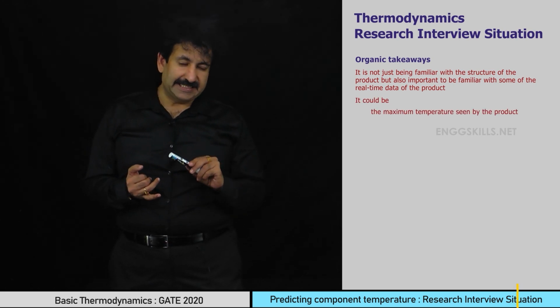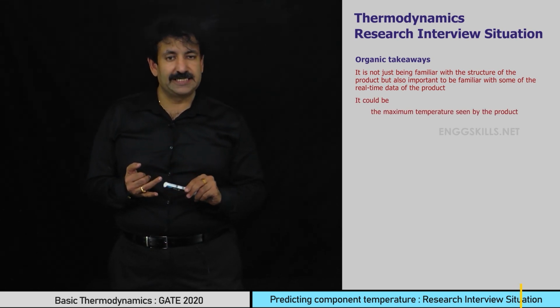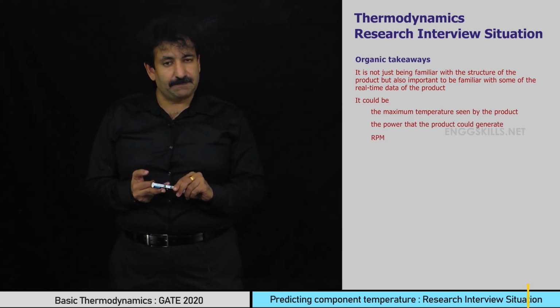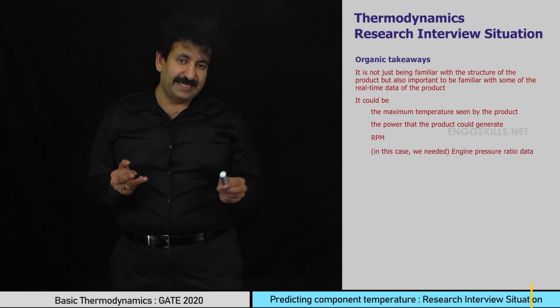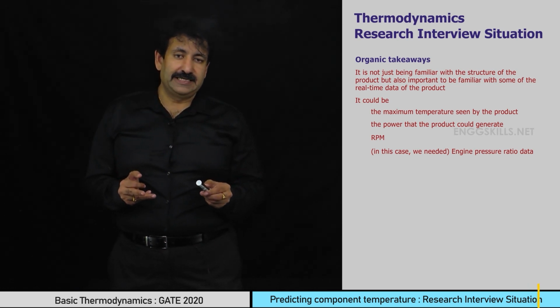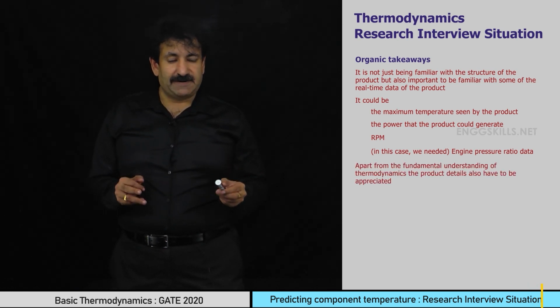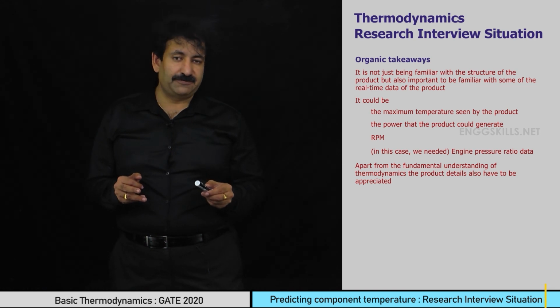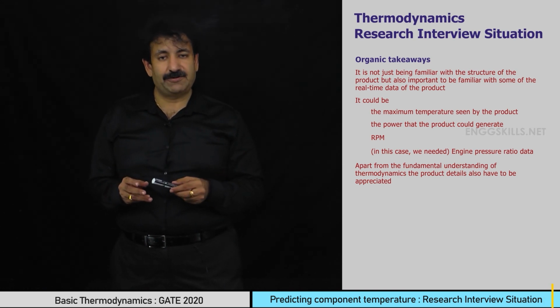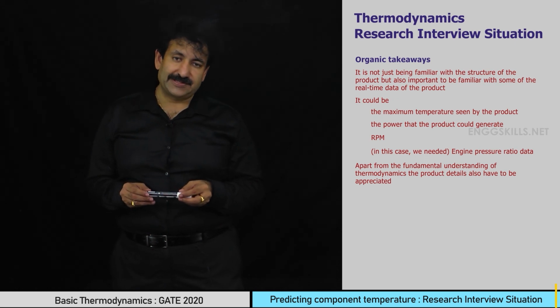It could be the maximum temperature seen by the product. It could be the power that the product could generate. It could be the RPM. In this case, we needed the engine pressure ratio data. So therefore, it is very, very important, apart from the fundamental understanding of the thermodynamics, that the product details also have to be appreciated. So let's continue.